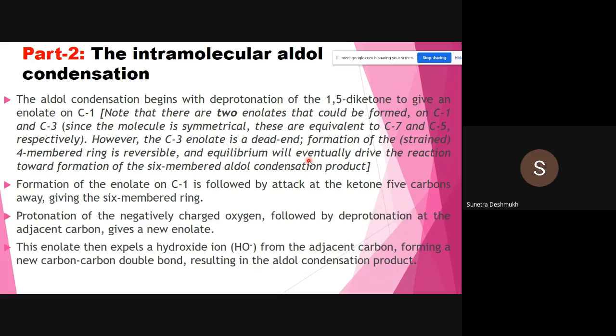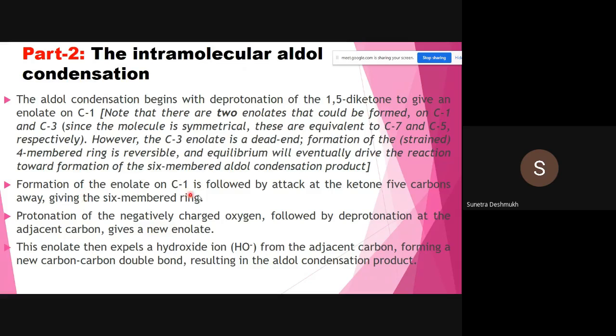There is a very good reason, and we will see it on the next slide. In a 1,5 diketone there are a total of 4 acidic or active sites. If we add NaOH, it can abstract a proton from either the C1 position or the C3 position. But we want selectively the C1 position, not the C3 position. Once the C3 carbanion forms, it is not beneficial for us, as we will see on the next slide.